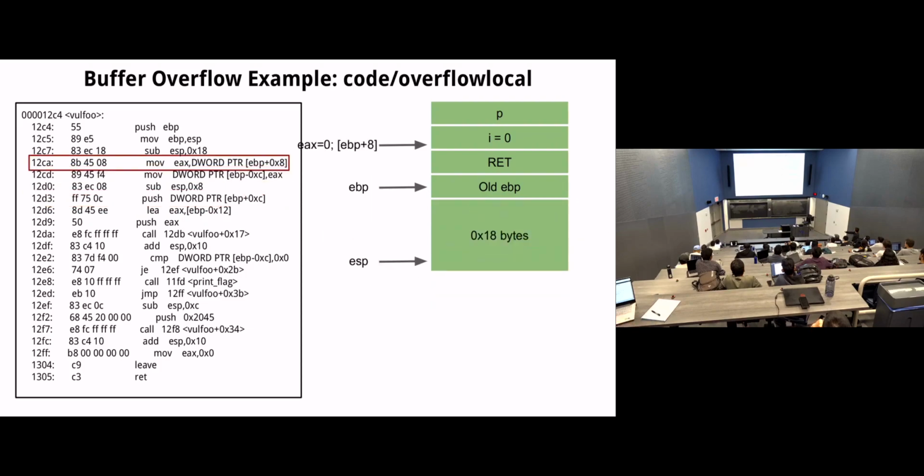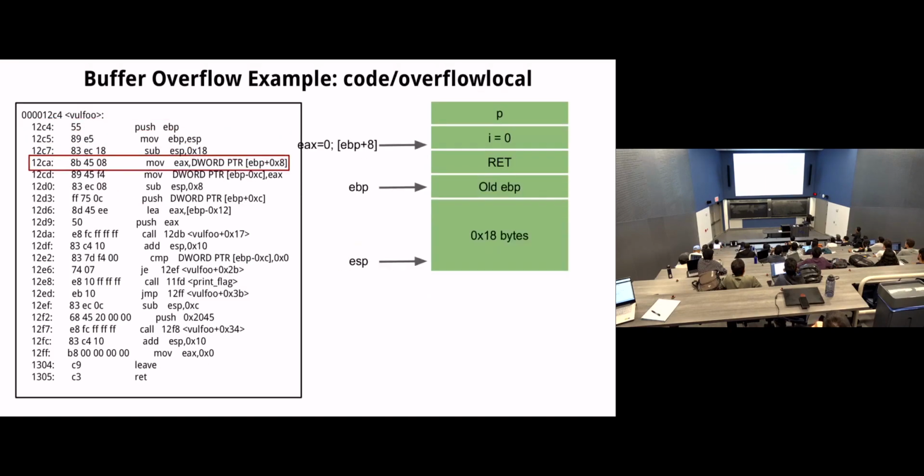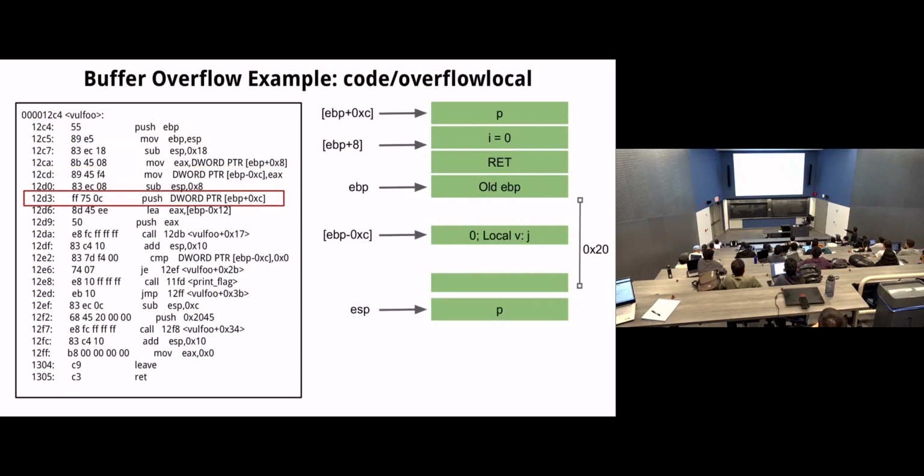And string copy takes which parameters? The first one is the buffer, the second one is P. We don't know where buffer is, but we know what P is. P is EBP plus C, which is 12. Then after that, ESP points to P, which is the same here.